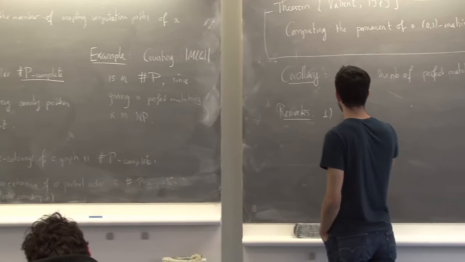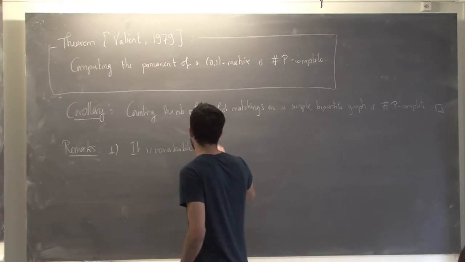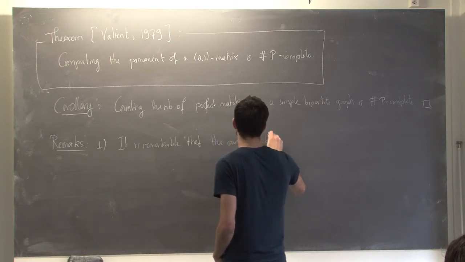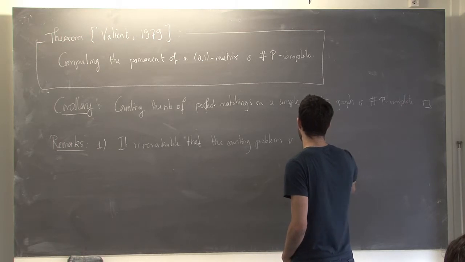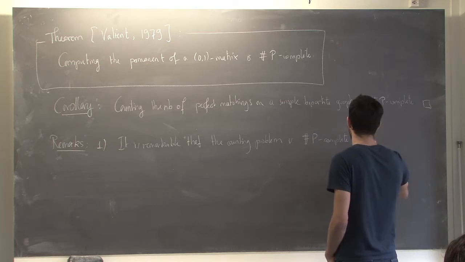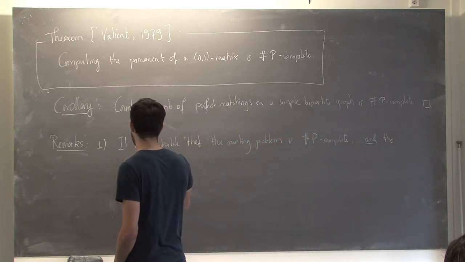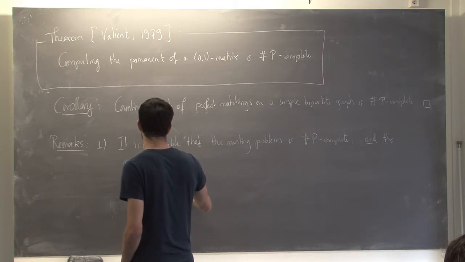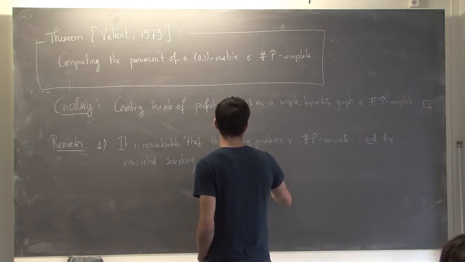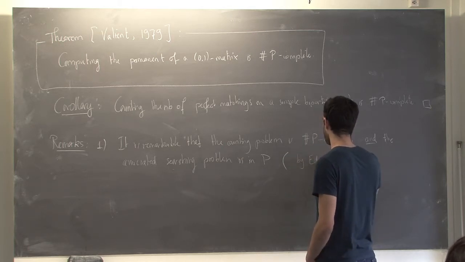So it is remarkable that the counting problem is sharp P complete, even though the associated searching problem is in P, which we know by the Hungarian method, let's say by Edmonds' algorithm.